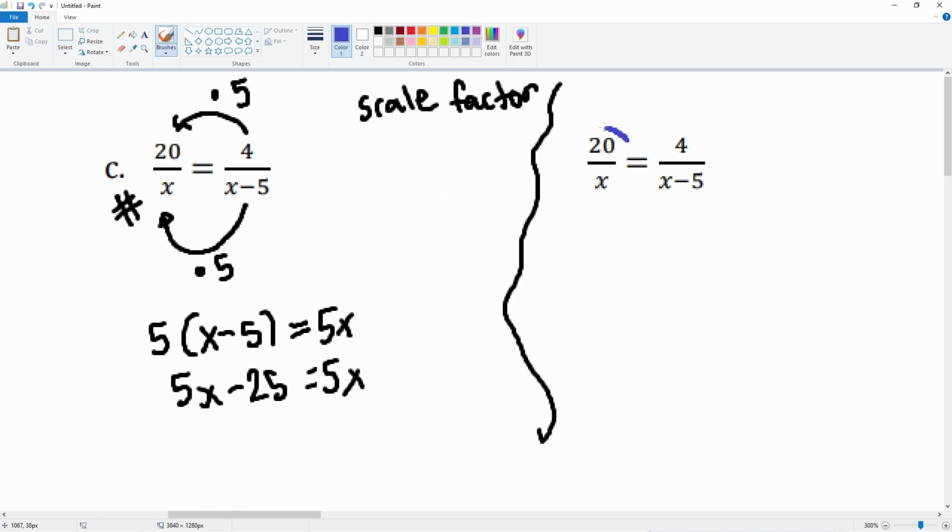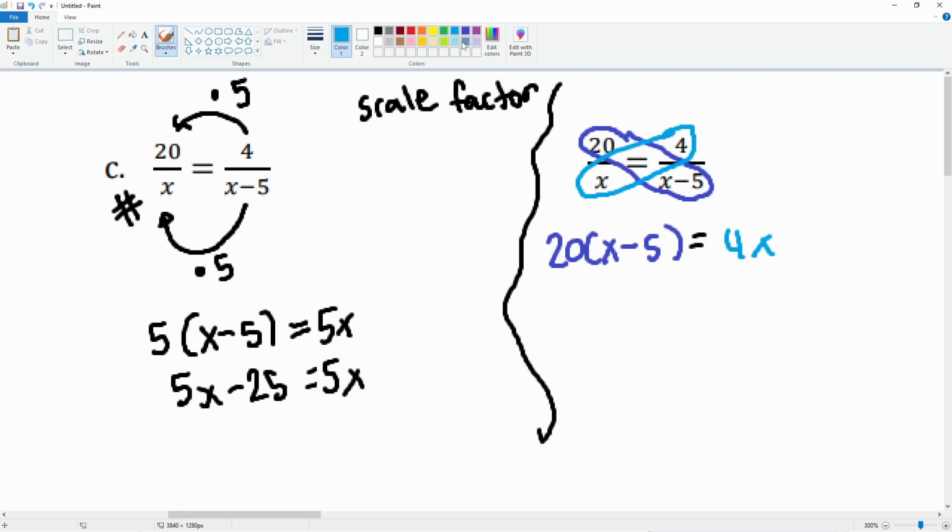So 20 times 5 minus x is equal to the other wing of the butterfly, 4 times x. Okay, so let's do this. 20 times x is 20x. Then 20 times negative 5 gets me negative 100, equal to 4x, right?